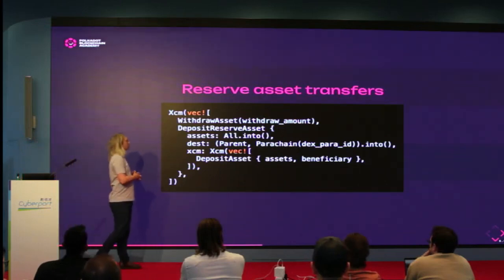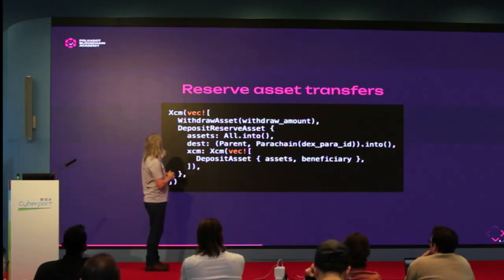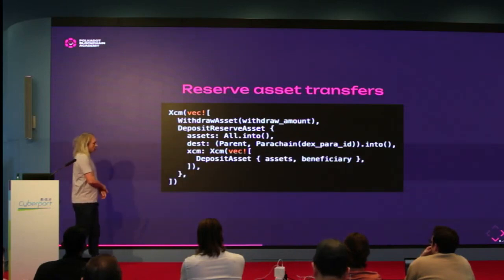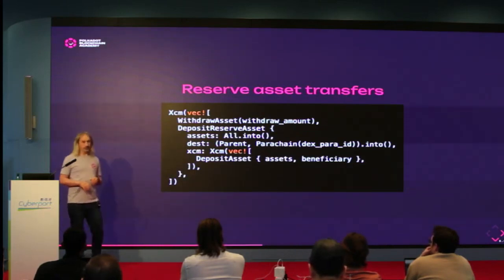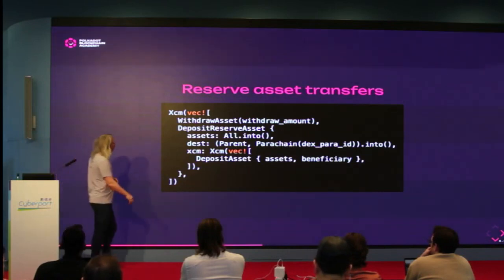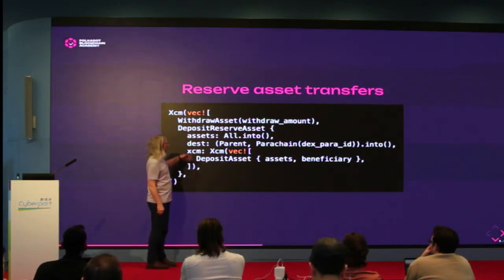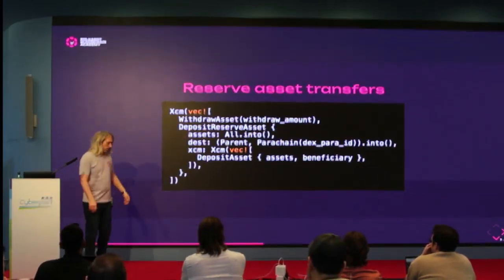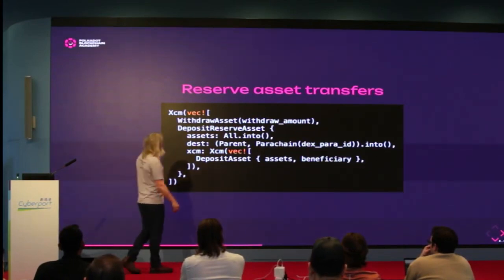So, reserve asset transfer. Let's look at our provisional code. This is our program. We will assume for now we are on the reserve chain, right? So we will assume for now we're dealing with an asset that we issue ourselves. So maybe we are Moonbeam.